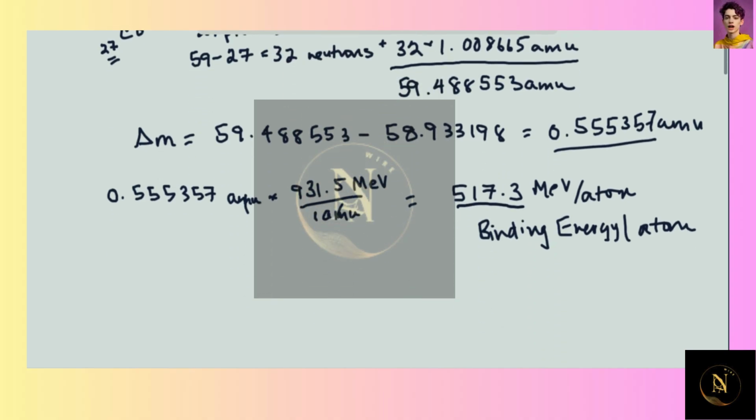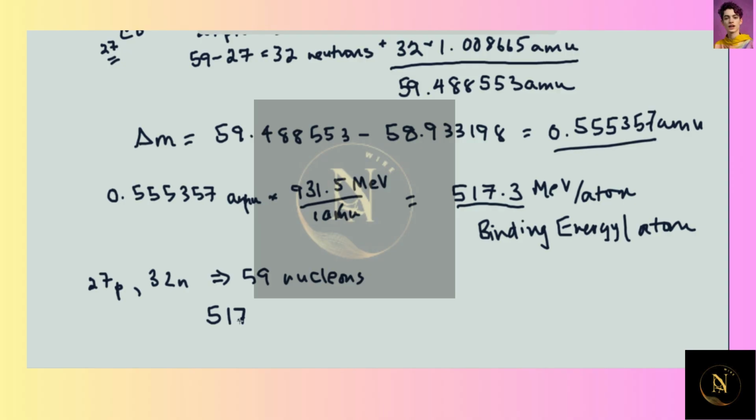If we want to find the binding energy per nucleon, we remember that there are 27 protons and 32 neutrons for a total of 59 nucleons. So for every 1 atom, there are 59 nucleons.